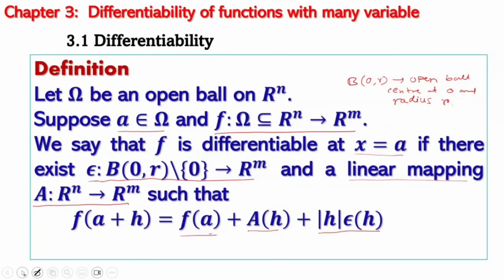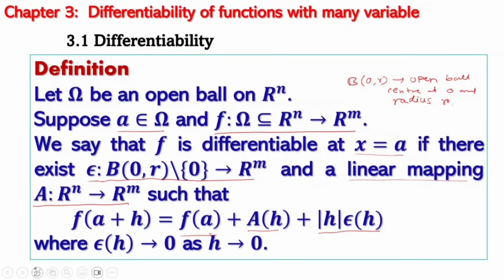If we can write that, and epsilon(h) tends to 0 as h tends to 0, or in some cases we write |h| tends to 0, then the function f is differentiable.